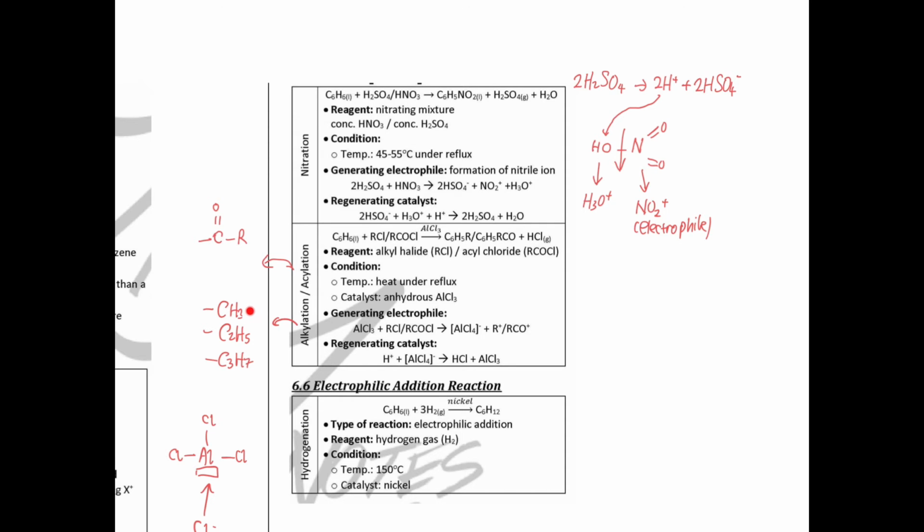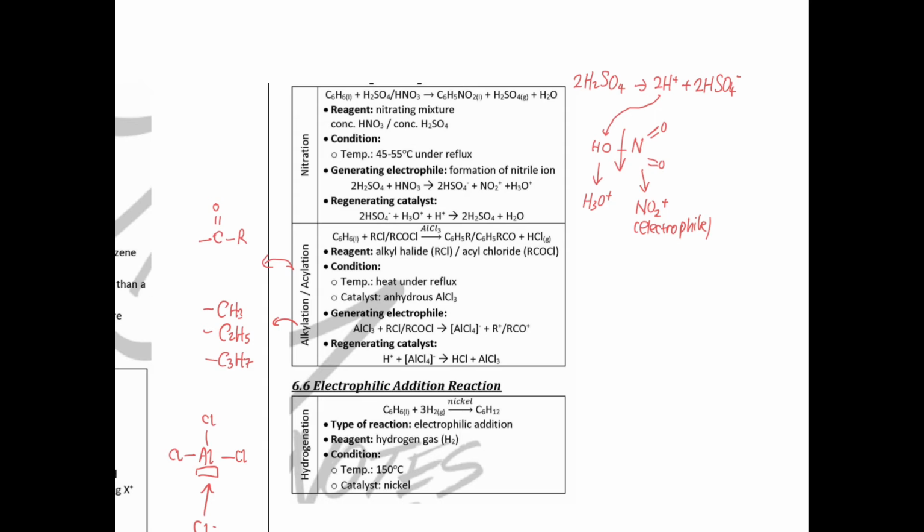C2H5, you can use C2H5Cl as the reagent. C3H7Cl as the reagent for this case. So that means originally, before they stick to the benzene ring, there is a Cl here first. And then heterolytic fission happen and so on.